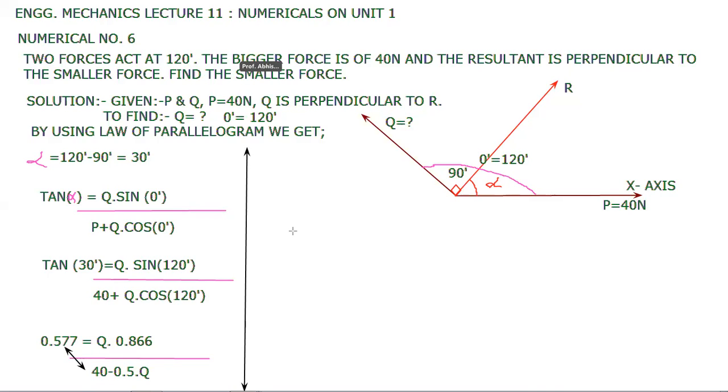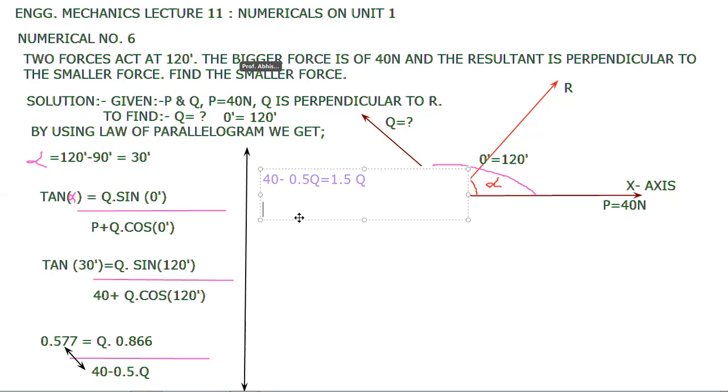After changing, meaning replacing the denominator by 0.577, you will get 40 minus 0.5q is equal to 0.866q divided by 0.577, which results into 1.5 multiplied by q.